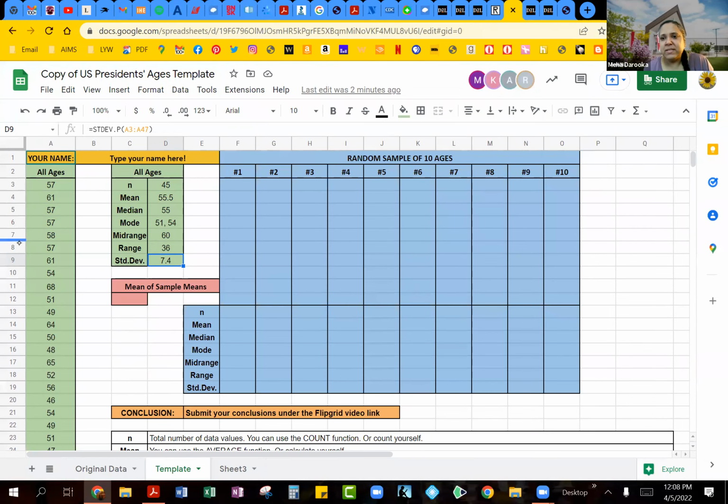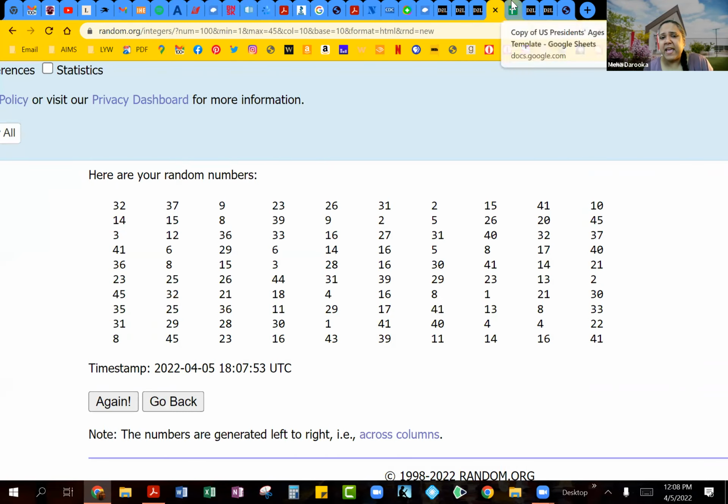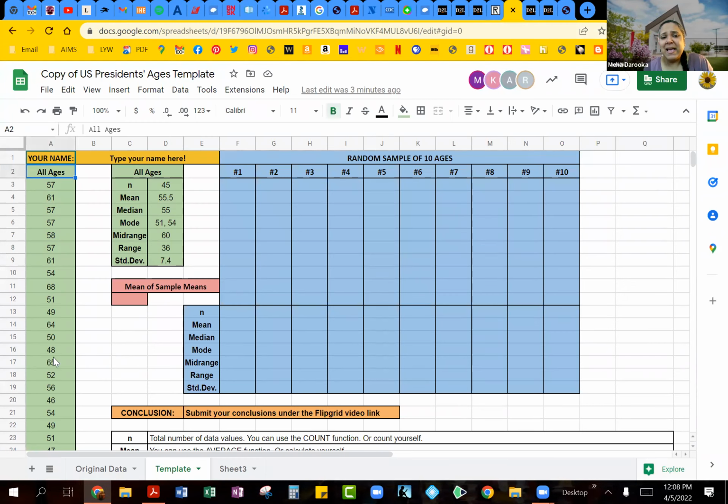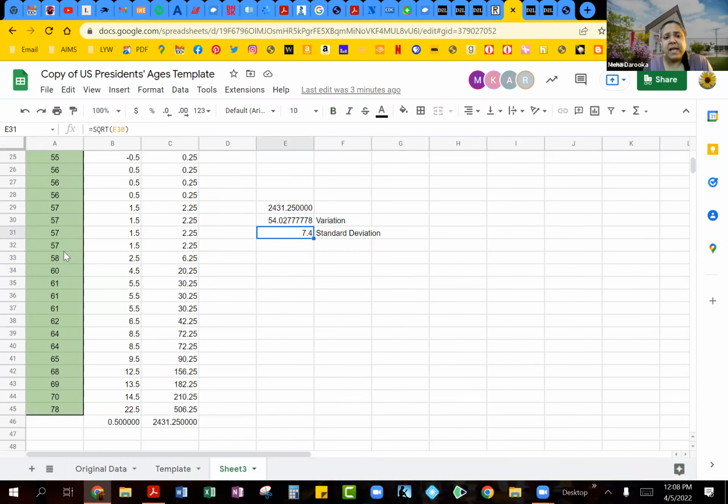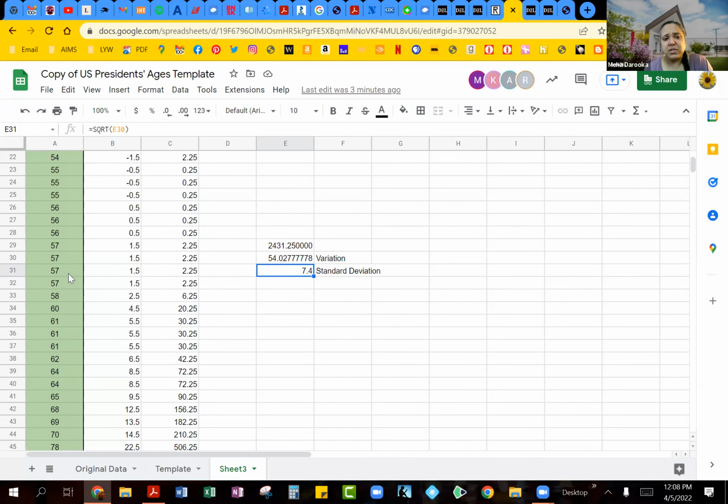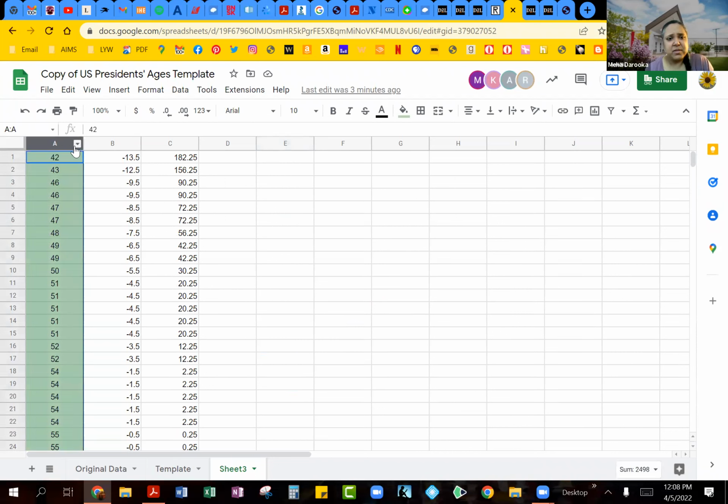Now, if you want to use this table, remember the first two cells are being used by these headings. So technically, when you see the age in the position of 32, in this table here, it's actually going to be in the position of 34. Or you can go over to this template here, and you can find the age in the position of 32, but actually I don't want to sort this.